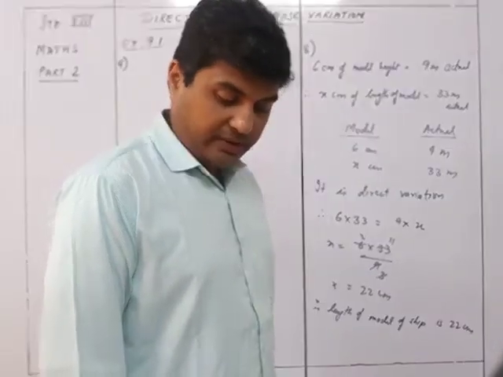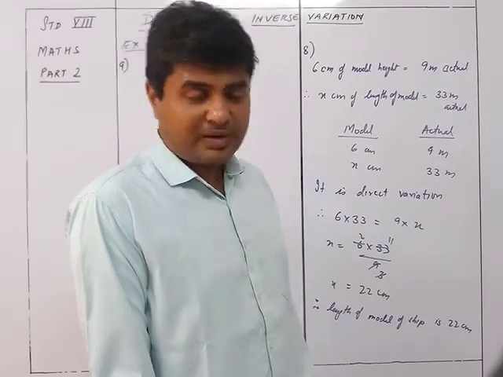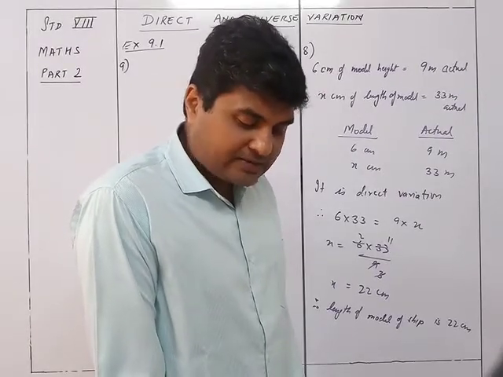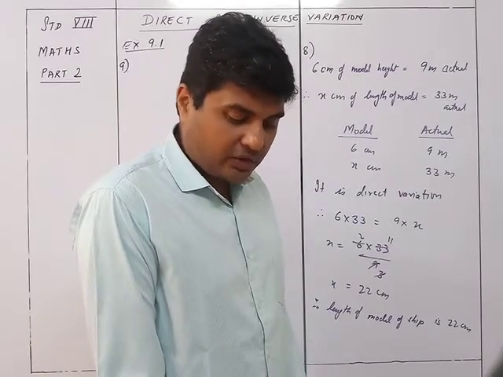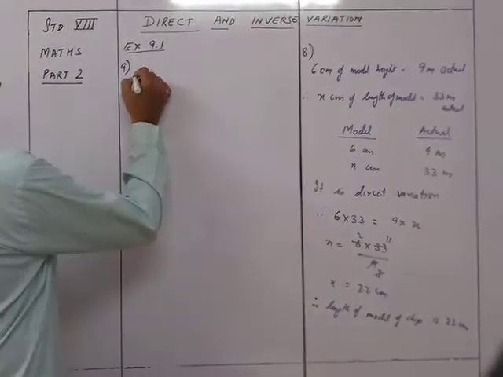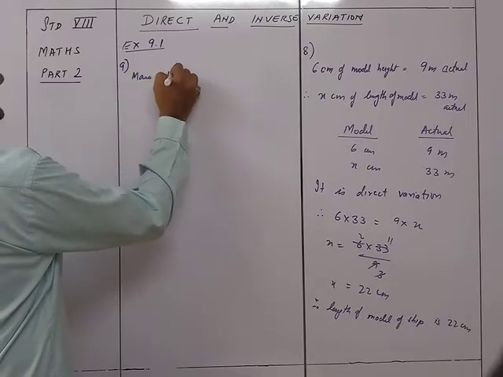Okay, so that means if the length increases, mass also increases. If the length decreases, mass also decreases. If a 16 centimeter long rod has a mass of 192 grams, find the length of the rod whose mass is 105 grams.